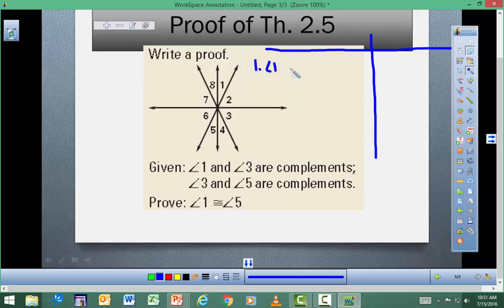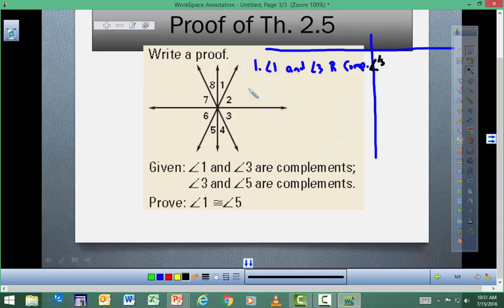Angle 1 and angle 3 are complementary. I'm going to abbreviate complementary, and then they're complementary angles.